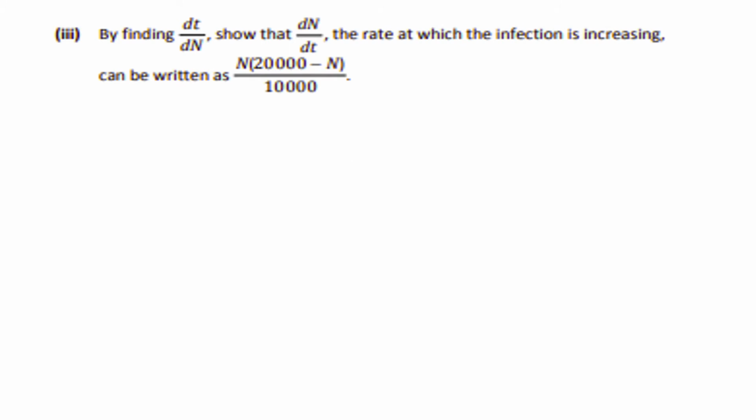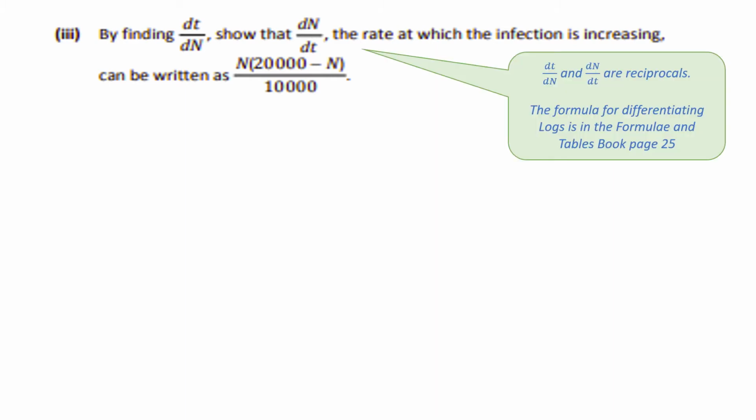Part 3. By finding dt/dn, show that dn/dt, the rate at which the infection is increasing, can be written as this fraction here. Okay, so basically what I'd like you to see straight away, and maybe you did, is that dt/dn and dn/dt are reciprocals. So when you flip them, they are the same. So for example, dt/dn, if we flip it, is dn/dt.